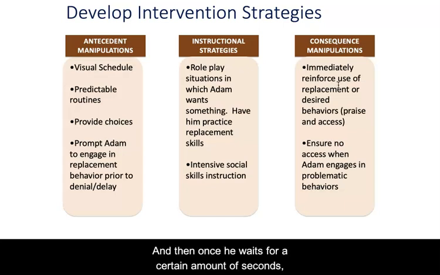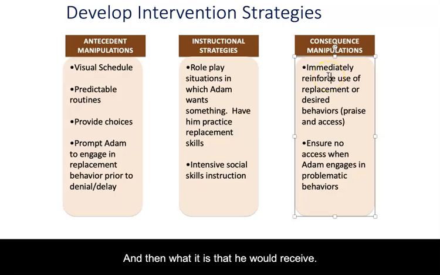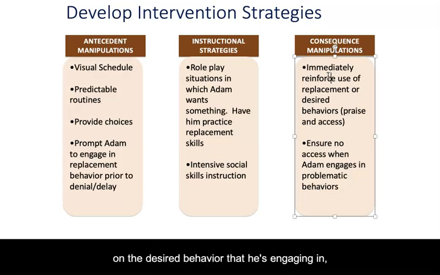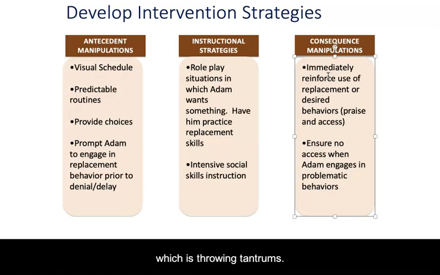And then once he waits for a certain amount of seconds, he might receive something, if that's part of what we're building here, and then what it is that he would receive, so that we're able to say that the goal for Adam is focusing on the desired behavior that he's engaging in, not necessarily the reduction of his undesirable behavior, which is throwing tantrums.